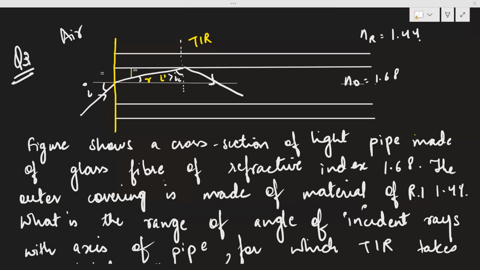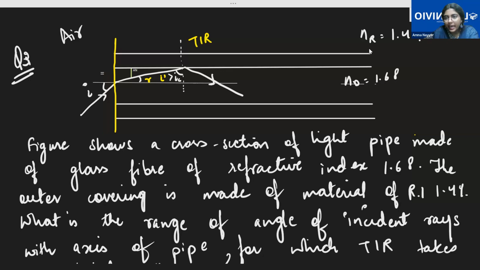And the incident light is not going through the pipe material, right? And they said the outer covering is made of material of refractive index 1.44. But it's going from air, no? It is going from air, yes. So why do we take NR as 1.44 and not N of air?